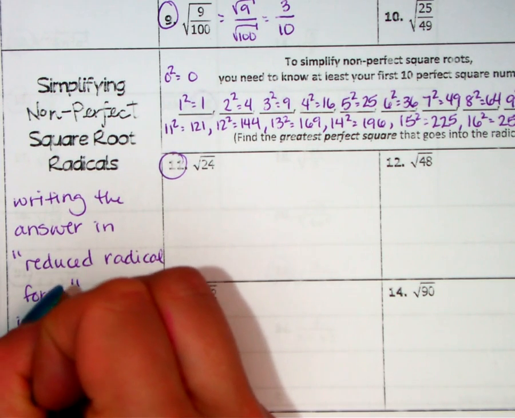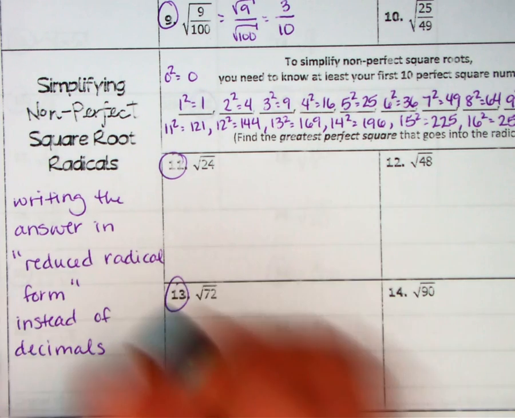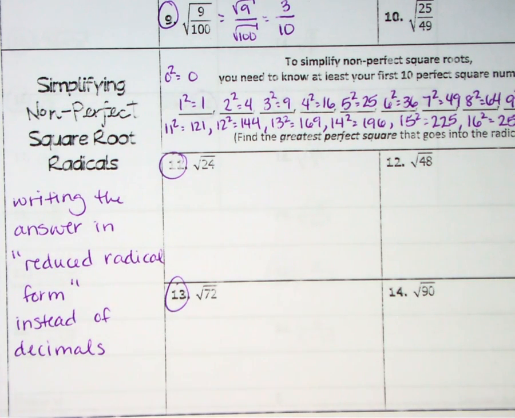So instead of just going to your calculator and getting a decimal answer, we are writing it in reduced radical form, which is something you are going to have to do a lot in geometry, so be ready.